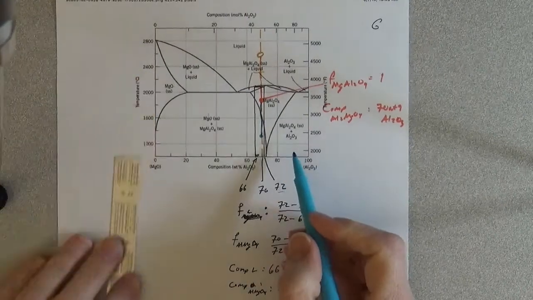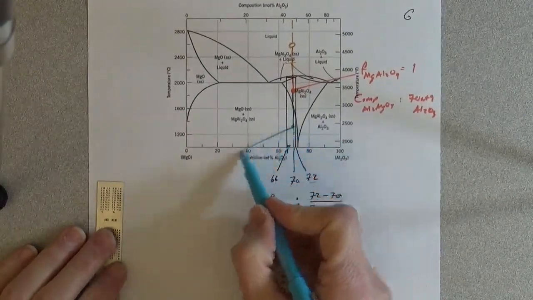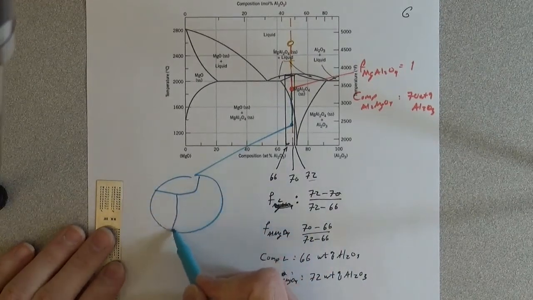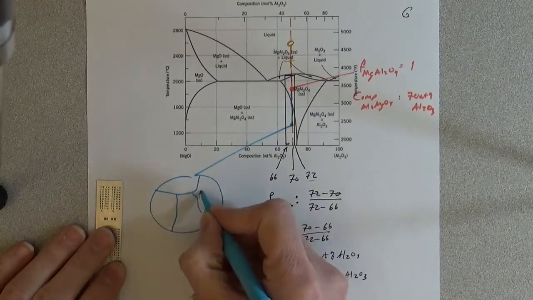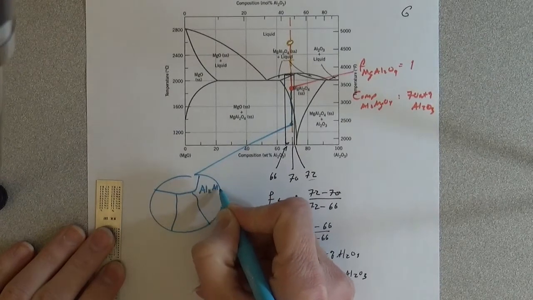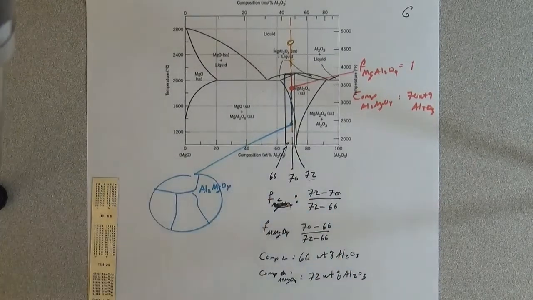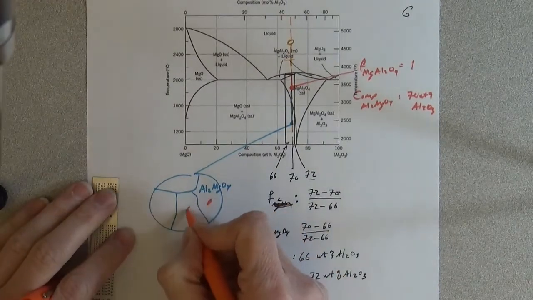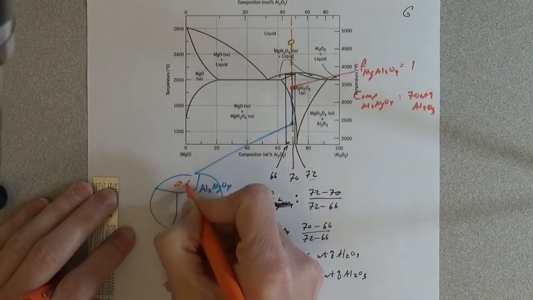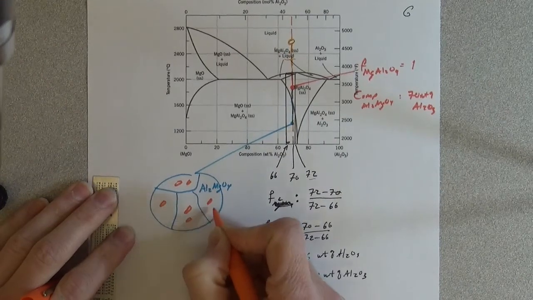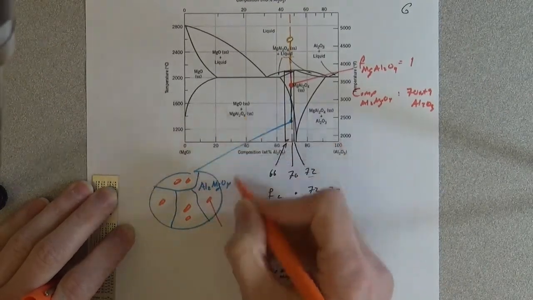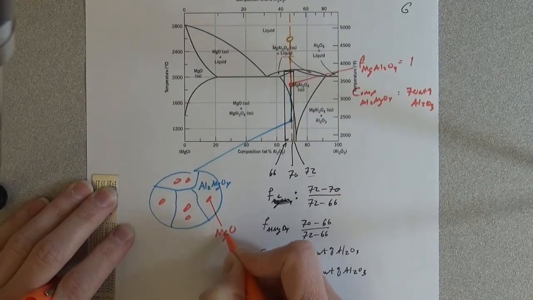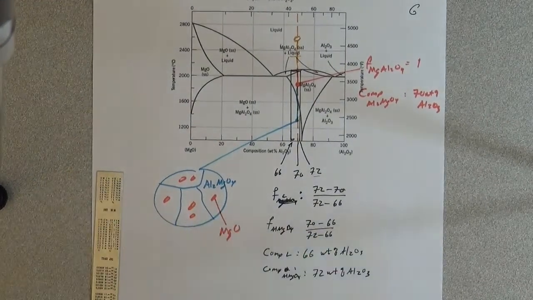What happens is you had Al2MgO4, and now you have some small precipitates of MgO that are coming out.